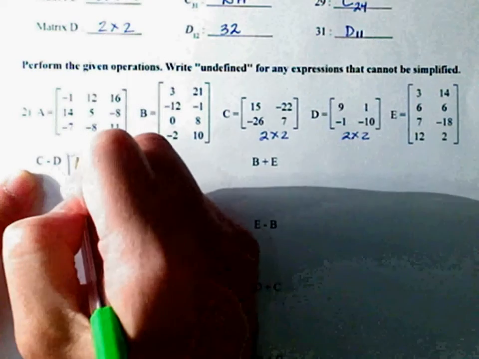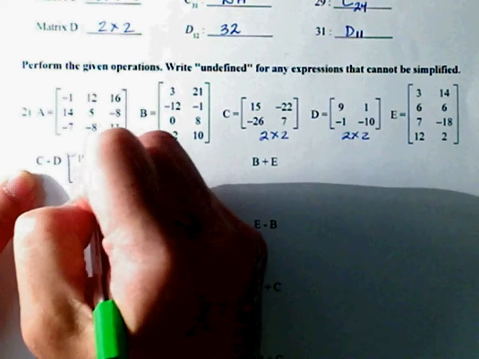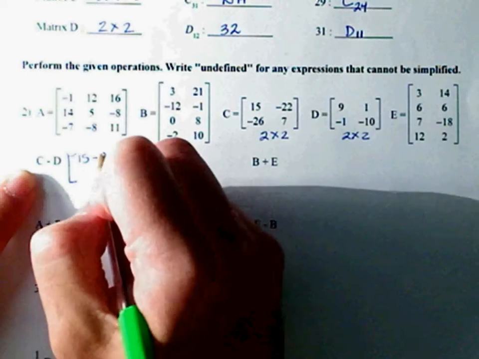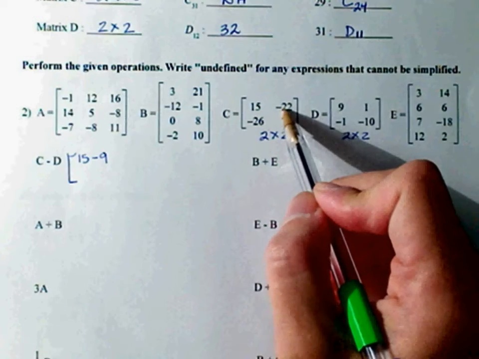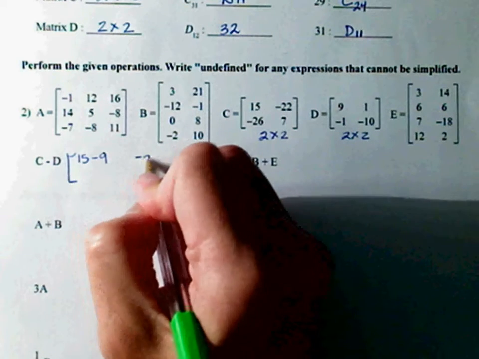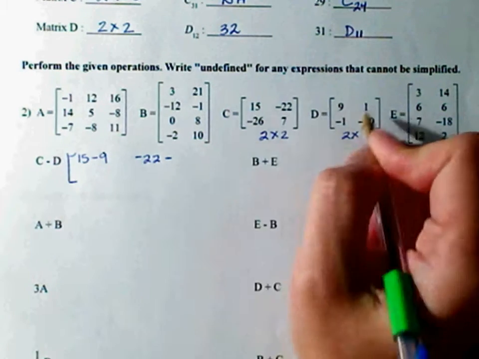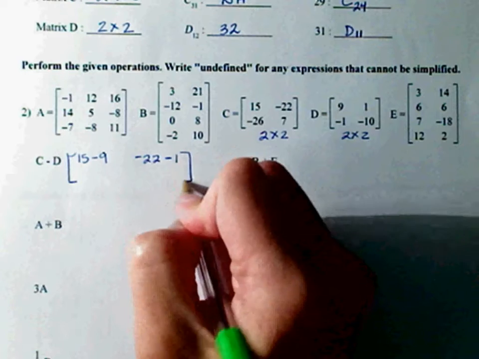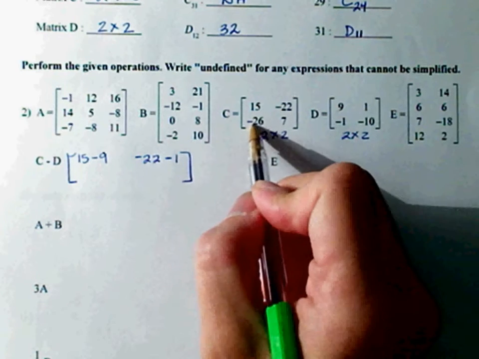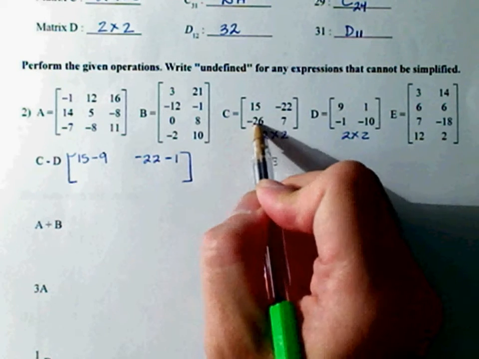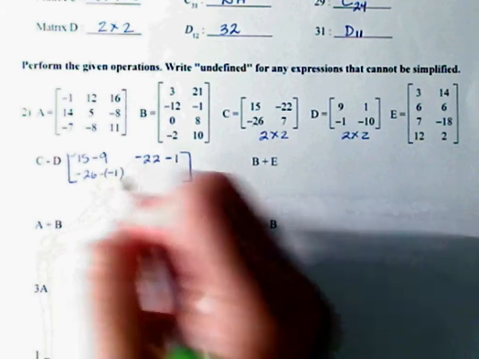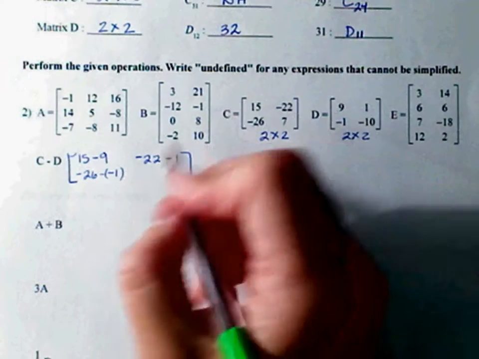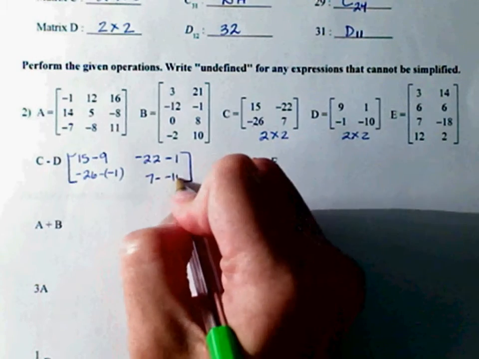C is 15 minus 9. That's you showing your work, okay? First row, second column. Negative 22 minus 1. Second row, negative 26 minus negative 1. 7 minus negative 10.